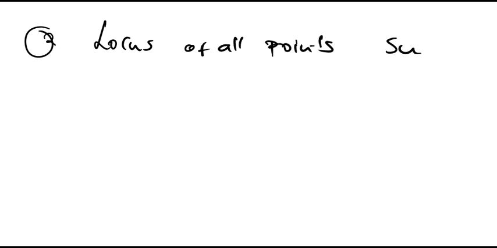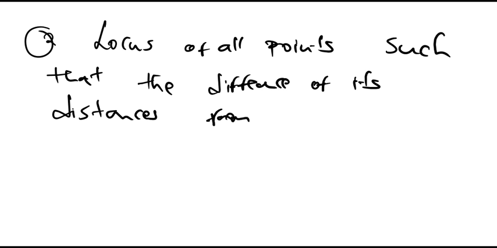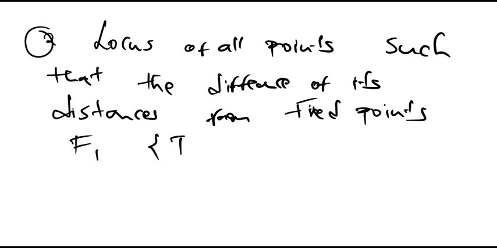You can think of a locus as a set, such that the difference of its distances from the fixed points f1 and f2, collectively called the foci, is a constant.